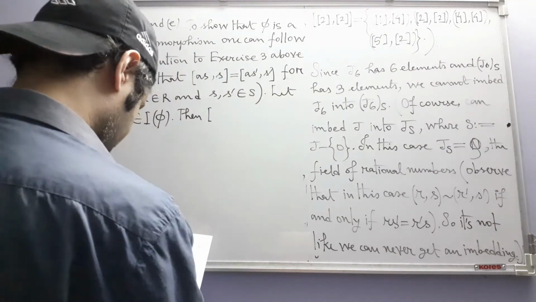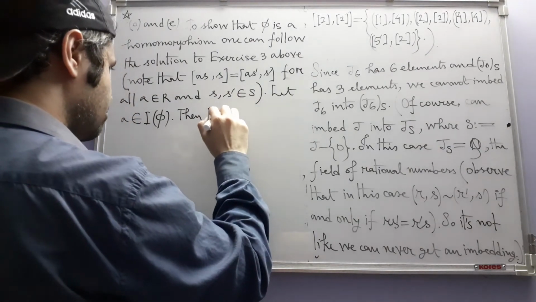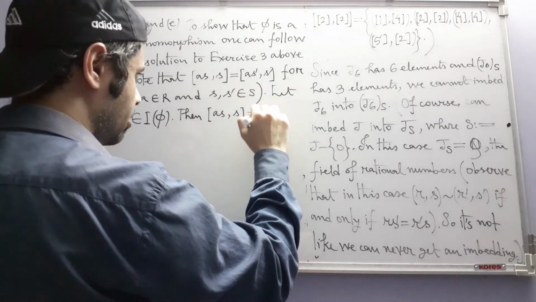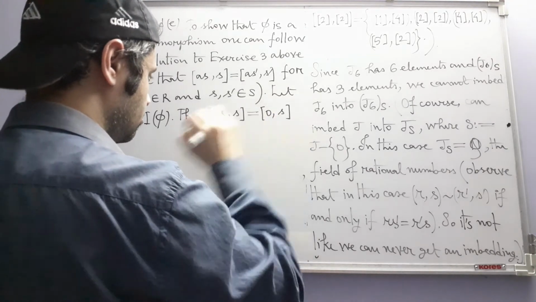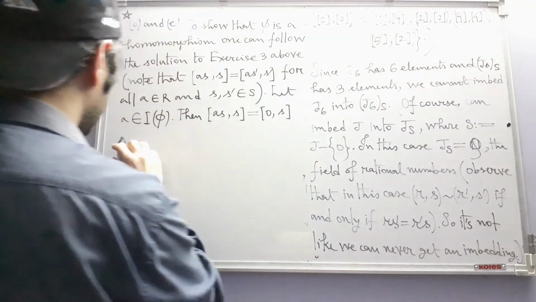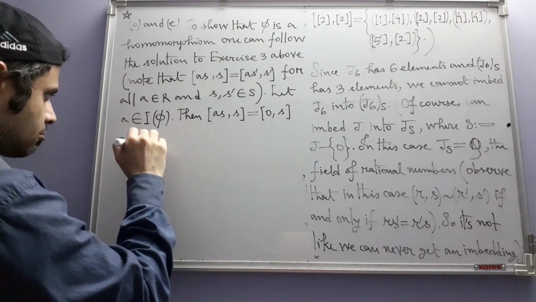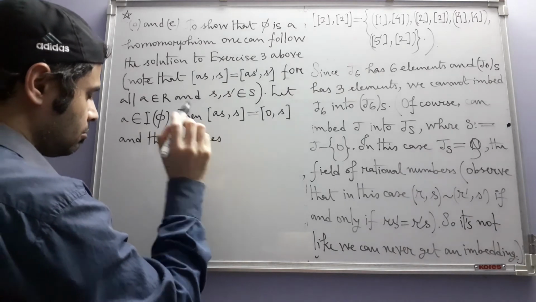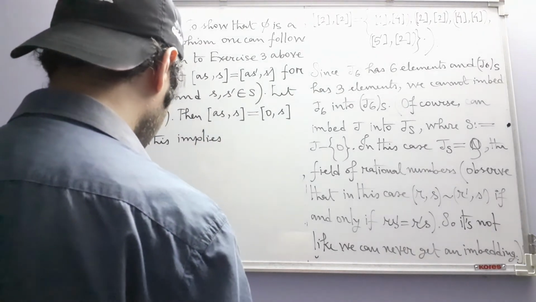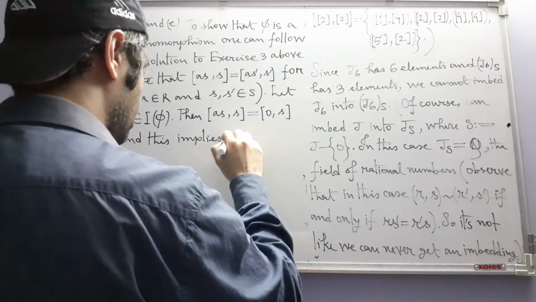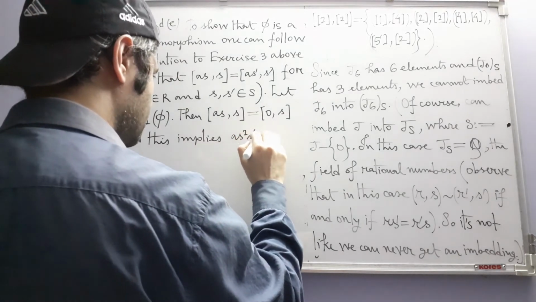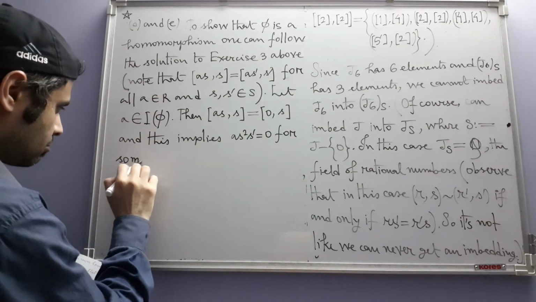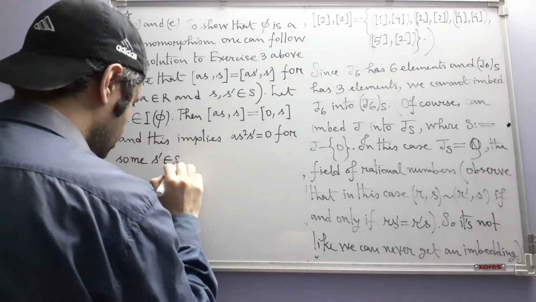So the image of a under phi is this, which is equal to the zero element, and this implies, if you go through the definition, a s² s' is equal to 0 for some s' belonging to S.